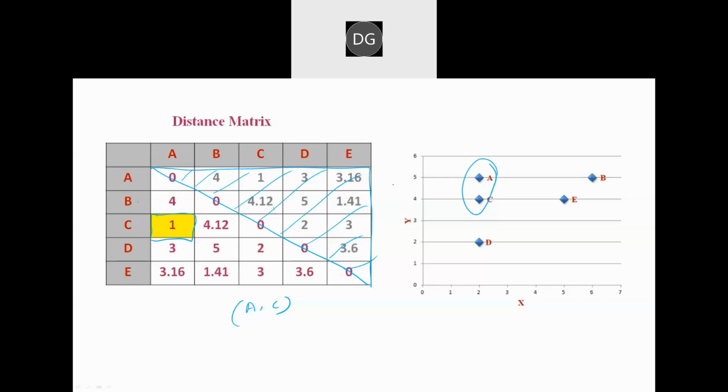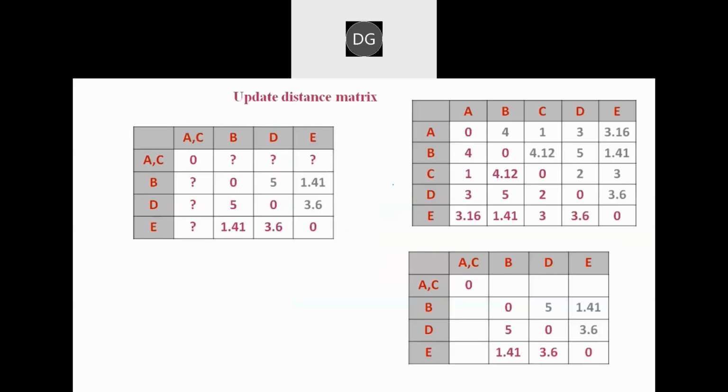After merging, my matrix will change. This is my original matrix, and this is my new matrix. In the new matrix I have joined the A C value.